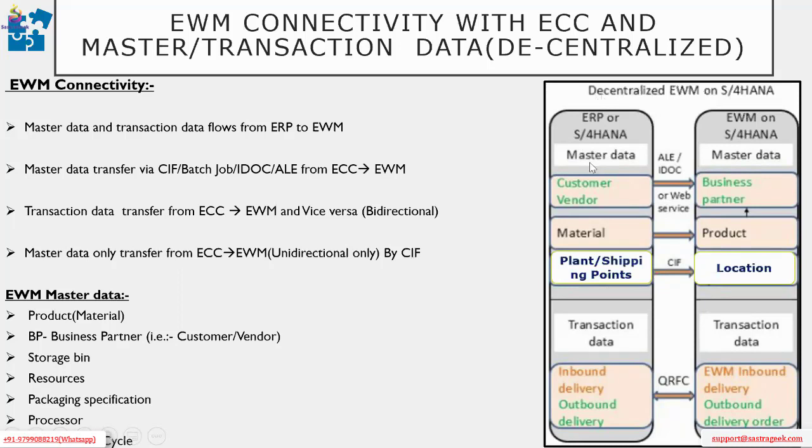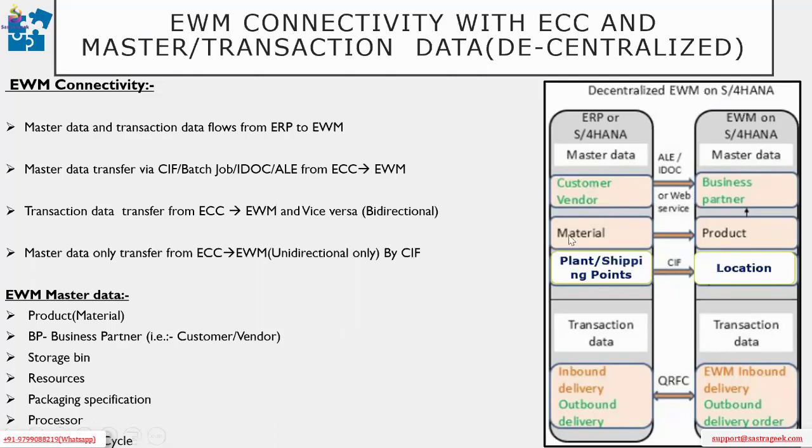Whenever we transferred master data from ERP to S4 HANA, a customer master or vendor master was transferred and it created business partners in the EWM system. Later, once EWM was merged into the S4 landscape, they removed the separate customer and vendor creation transactions and maintained it in a single transaction. That is what the business partner is.